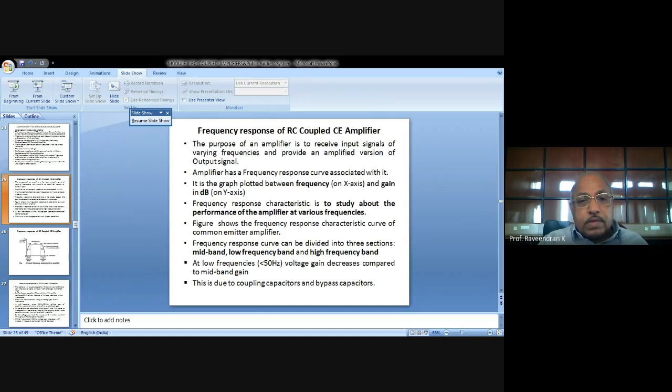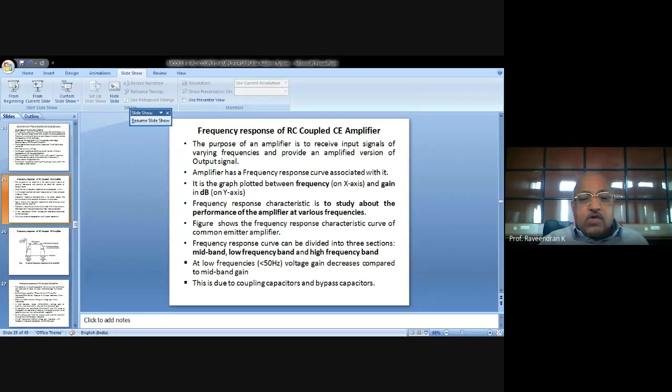And between this lower cutoff frequency and upper cutoff frequency, the transistor amplifier has its bandwidth B. The bandwidth B of any CE amplifier is the difference between the upper cutoff frequency and the lower cutoff frequency. Follow my point.